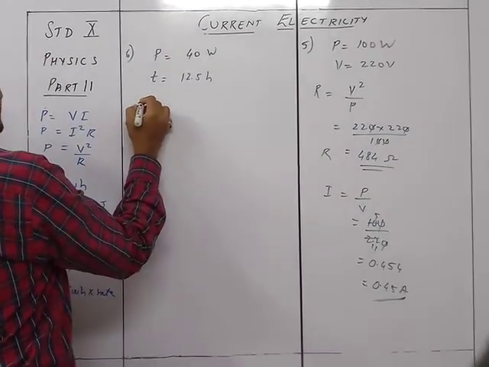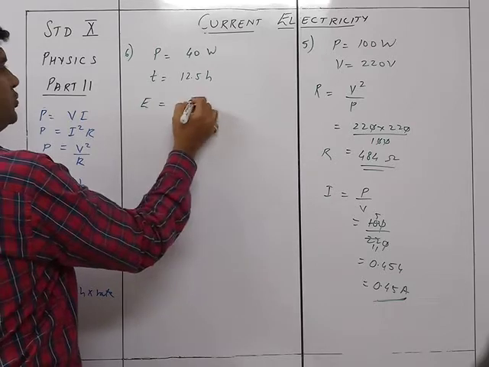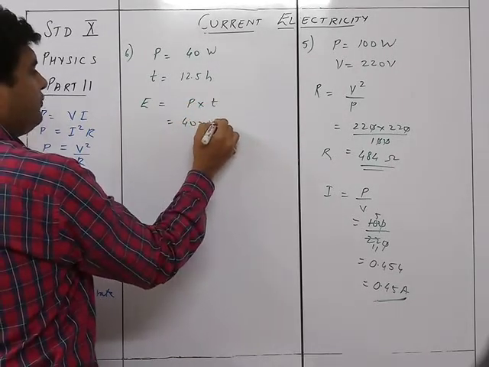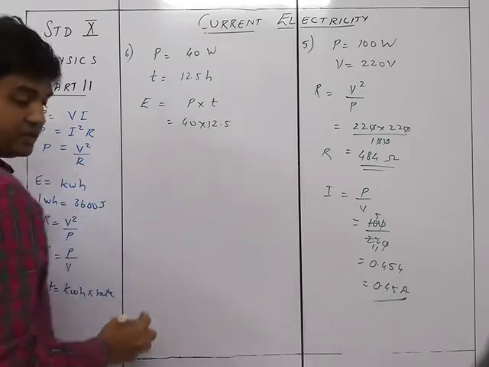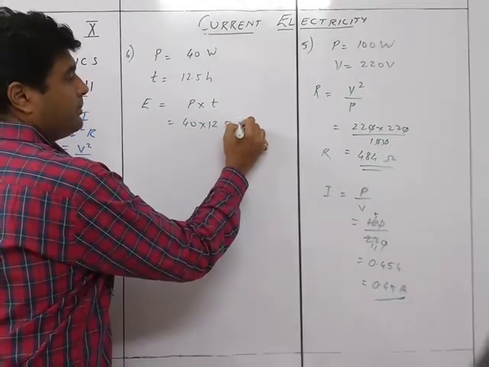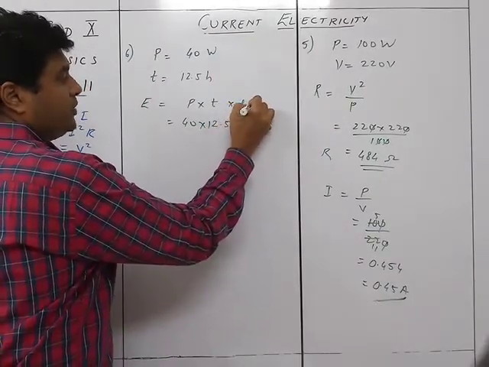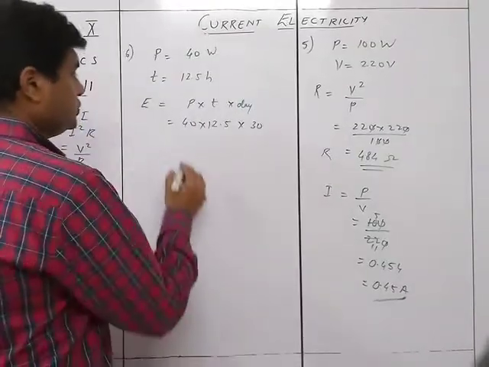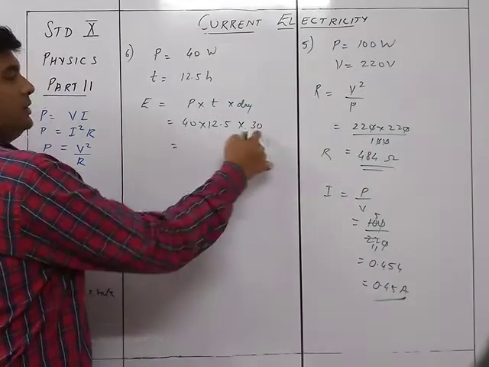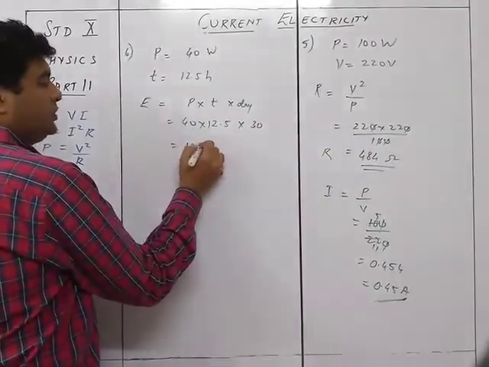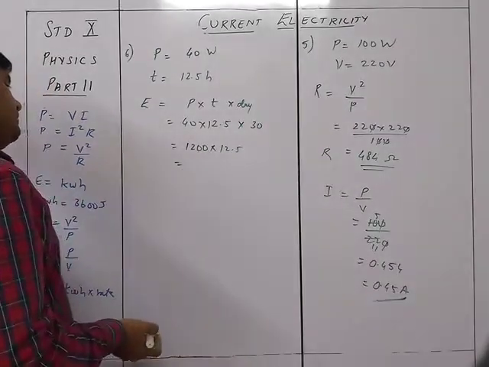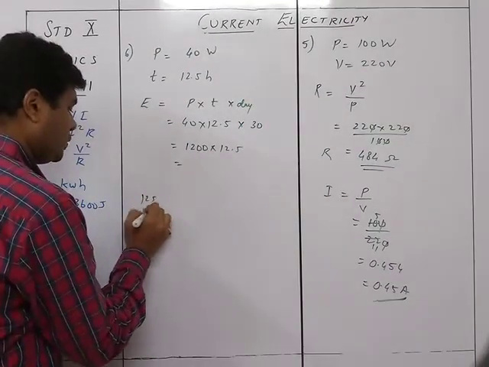So we know that the energy consumed will be P into T, which is 40 into 12.5, that is per hour, into the number of days, so that will be 30 days of the month. So that will give you 1200 into 12.5. So that gives you 125 into 12.